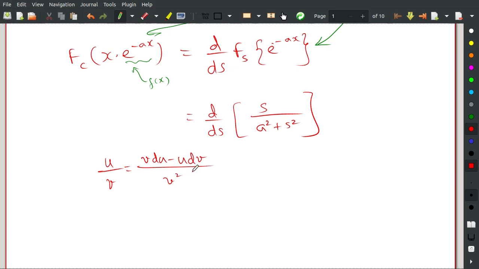Okay, therefore if we use this one, we have v square, which is (a square plus s square), the whole square.